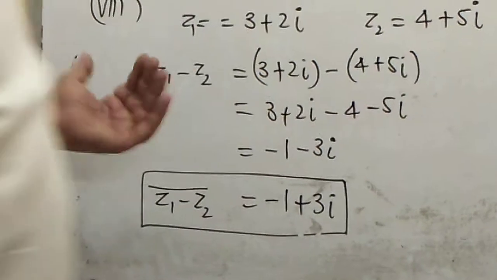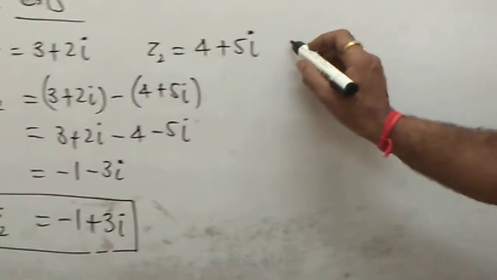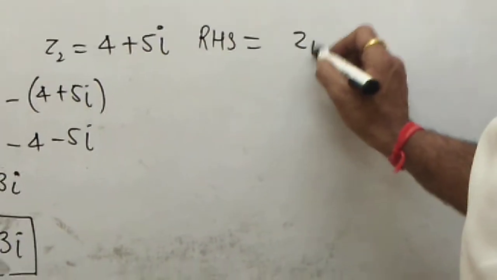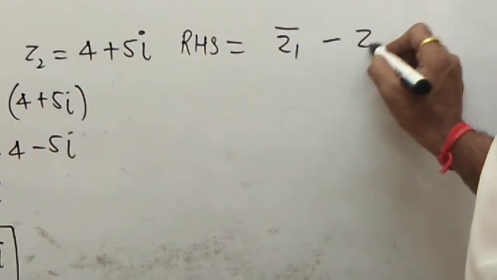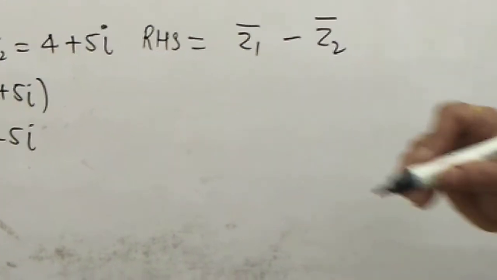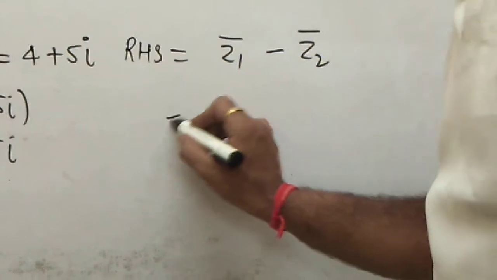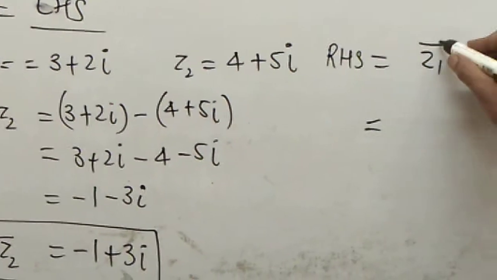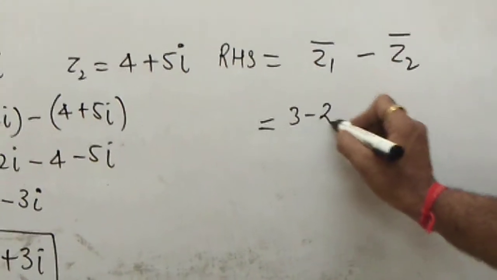Okay, but this is only one part, and then we discuss the right hand side. In the right hand side we have z1 bar minus z2 bar, and bar means conjugate. So z1 is 3 plus 2i, but here z1 conjugate means 3 minus 2i.